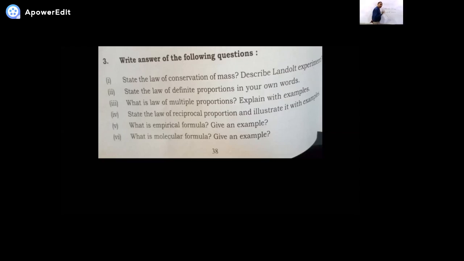It means there are compounds in which molecular formula and empirical formula are the same. Another example, water: molecular formula and empirical formula same. Another example, H2SO4, same molecular and empirical formula. Okay? So this was a brief revision of empirical and molecular.